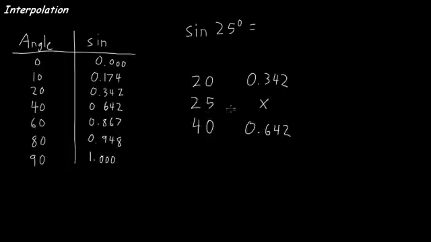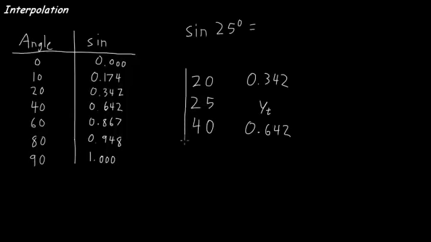The unknown here is x, the sine of 25. We're going to use these other 5 values to figure out what x is, and there's a formula that lets us do that. I'm actually going to call that unknown yt, just so I match what you're seeing in my notes. So yt is my unknown value.